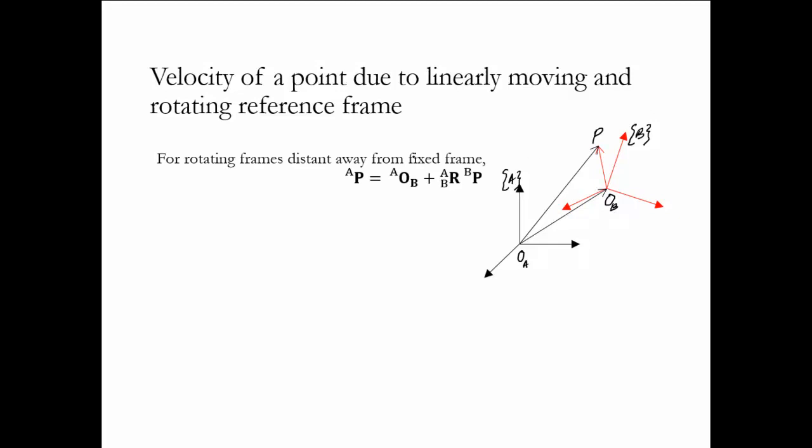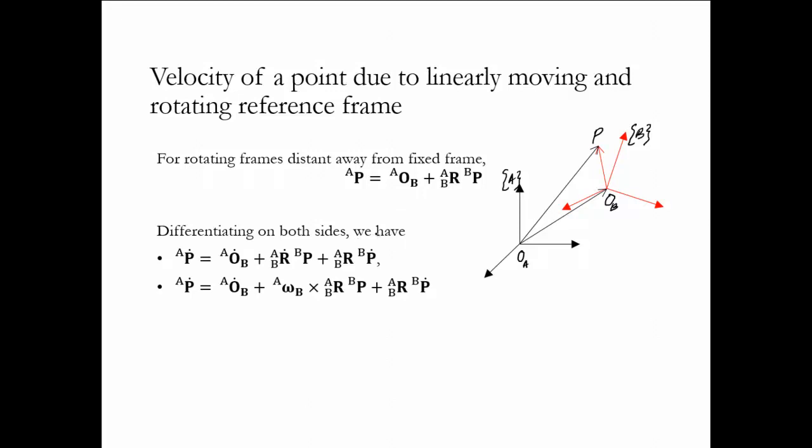Now in this case, this is the relation that we used in the homogeneous transformation matrix derivations: P in A is equal to P in B transformed from B to A, plus O_B with respect to A. Again, if you differentiate this, we get something like this. Substituting omega cross this one, we get this type of relation.